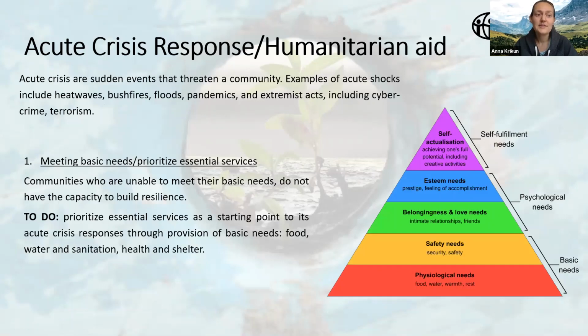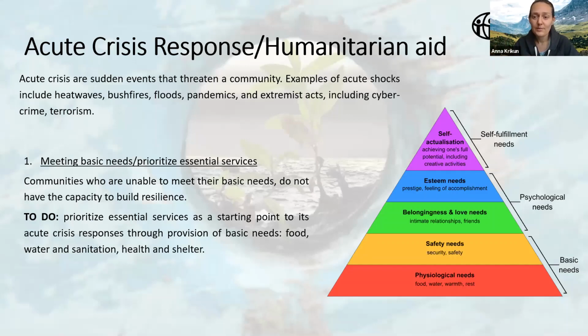We will start with the acute crisis response, or ADRA's response in our humanitarian projects. The first suggestion from us is to meet basic needs. You see here on the right the pyramid of Maslow of basic needs that we probably all know from school. At the bottom there are physiological needs like food, water, and so on.